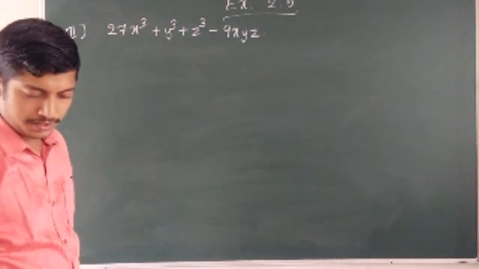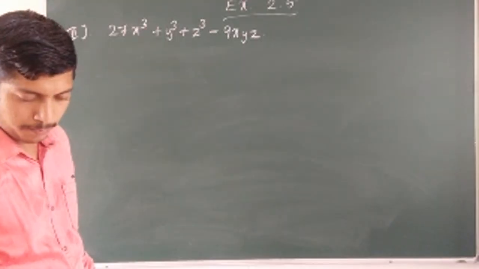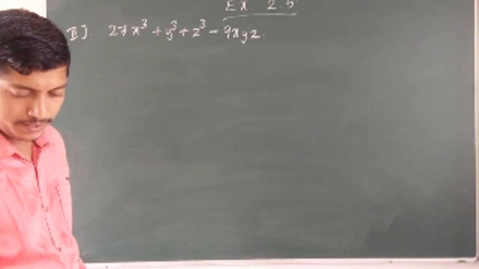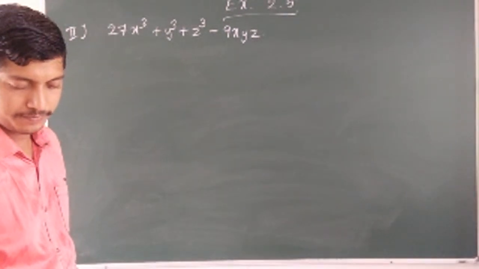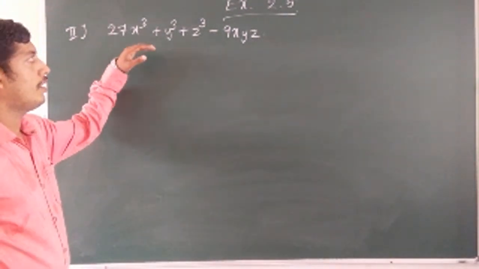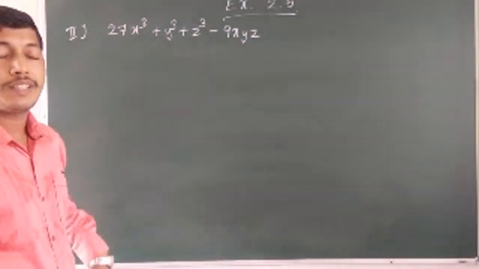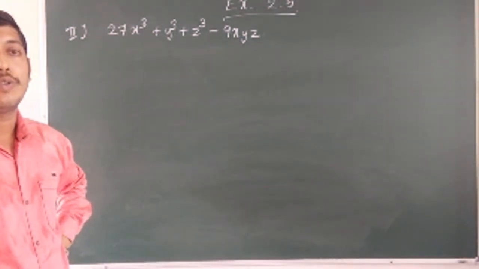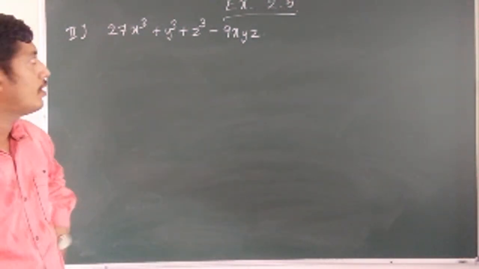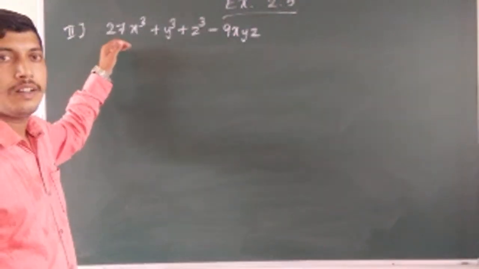So the question is 27x cube plus y cube plus z cube minus 9xyz. Now in the previous one we wrote x cube plus y cube plus z cube minus 3xyz. So in that form we will convert this.